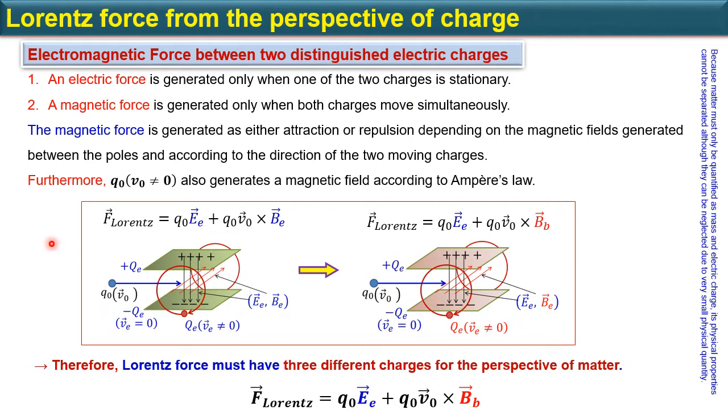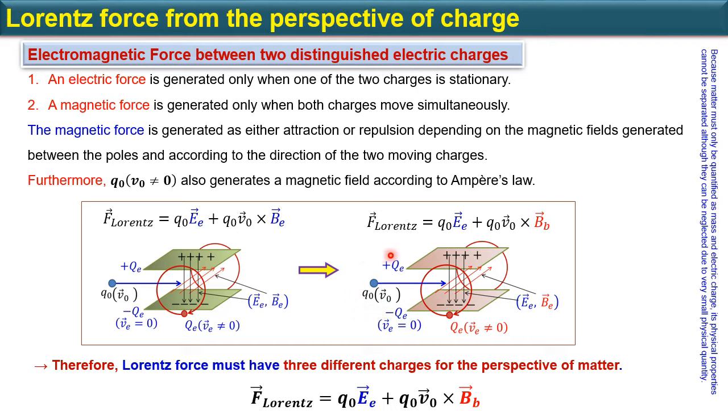An electric force is generated only when one of the two charges is stationary. On the contrary, a magnetic force is generated only when both charges move simultaneously. The magnetic force is generated as either attraction or repulsion depending on the magnetic fields generated between the poles and according to the direction of the two moving charges.